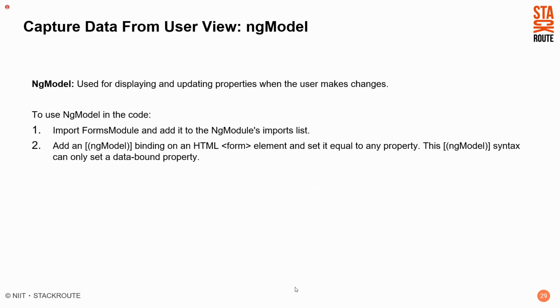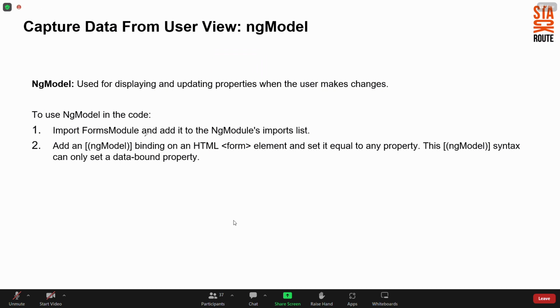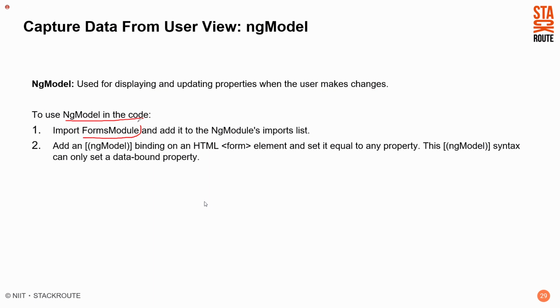Whenever you want to capture data from the user view, HTML, into your TypeScript, you will use ngModel. So we have to follow one very important step. In order to use ngModel in your code, you need to import FormsModule in the NgModule imports.